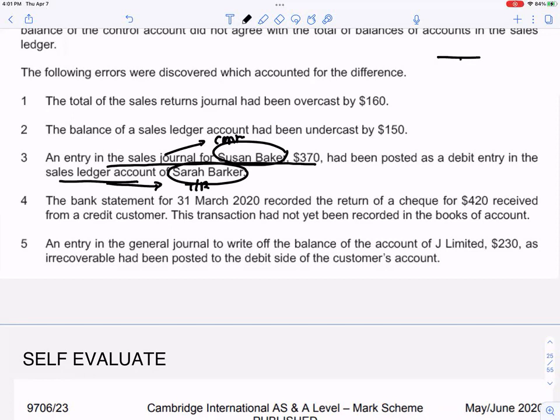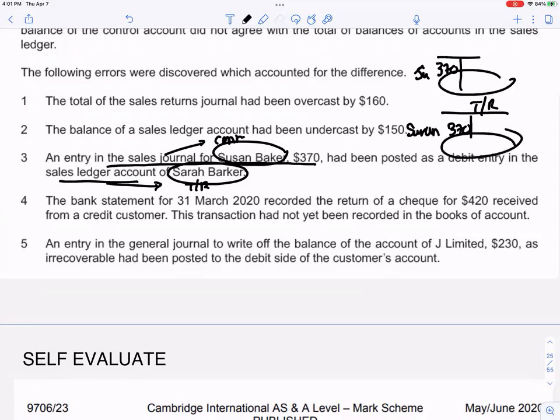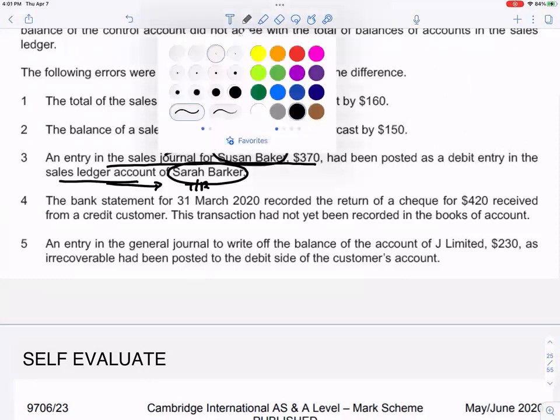In the SLCA you wrote Susan, and in the trade receivable account you wrote Sarah. The amount was same, side was same, so there will be no difference in the balance. Understood?